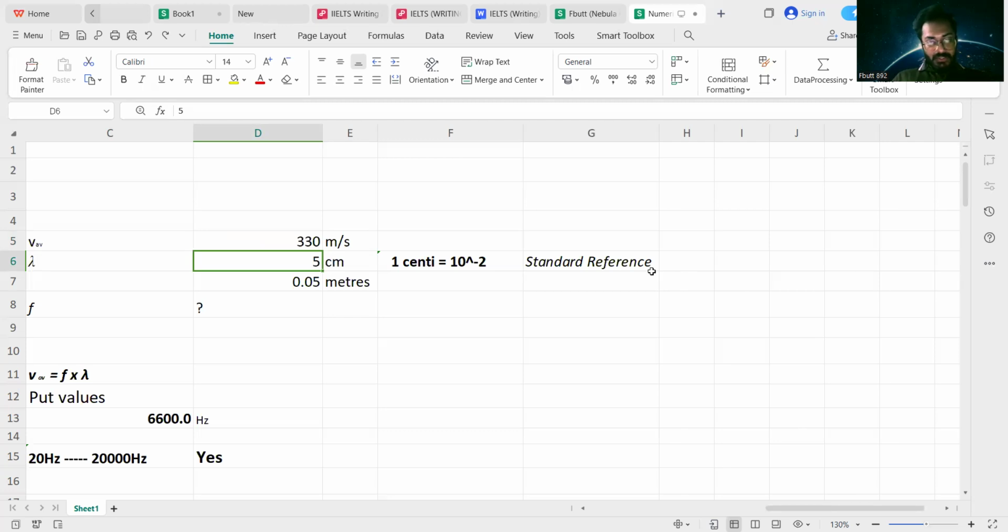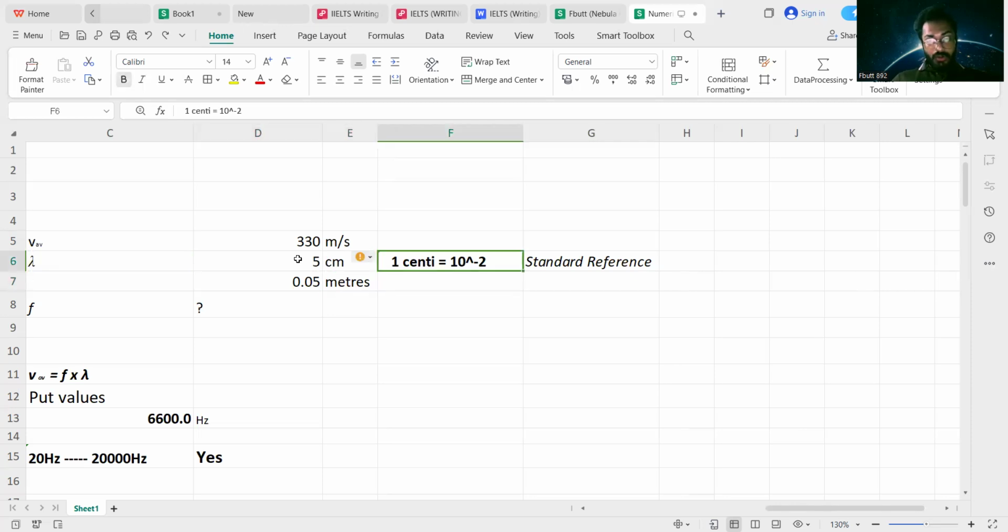To convert centimeters into meters, I have to put the value of centi from the standard SI prefixes. 1 centi is equivalent to 10 raised to the power minus 2. By substituting the power of 10 as minus 2 in place of centi, I get 5 centimeters in meters, which is equivalent to 0.05 meters.